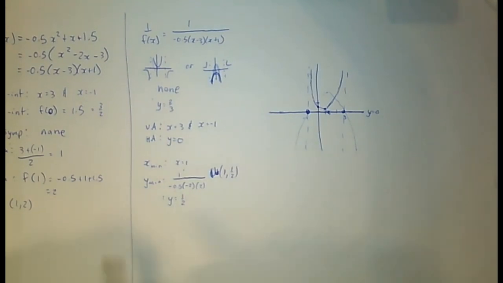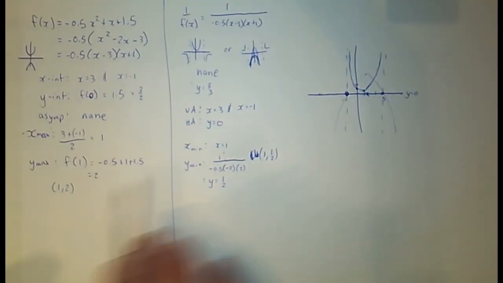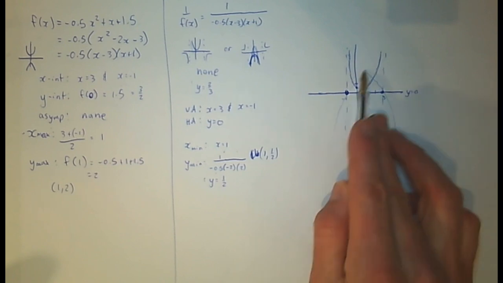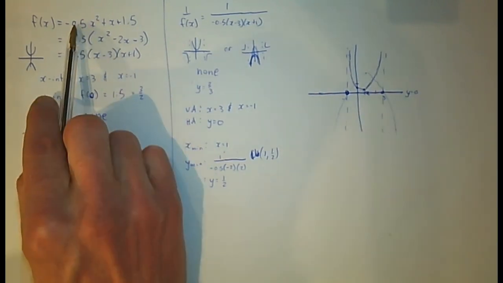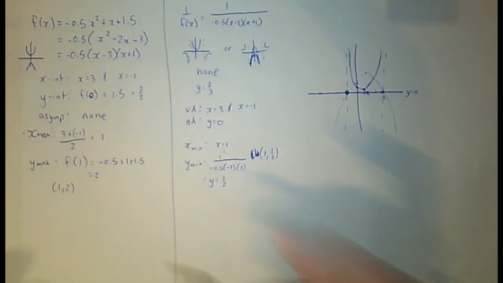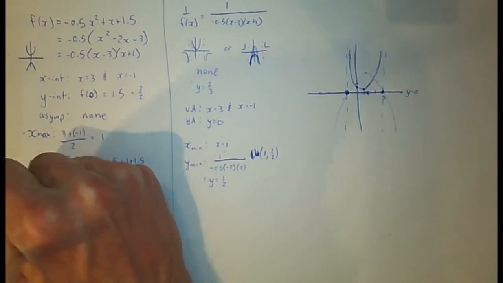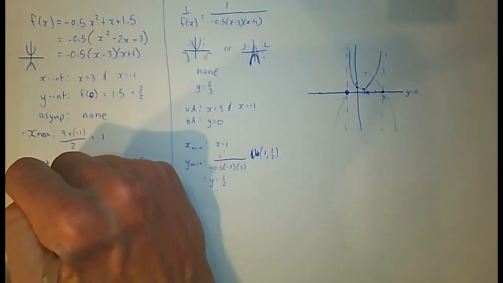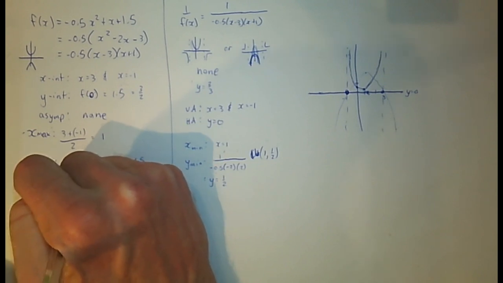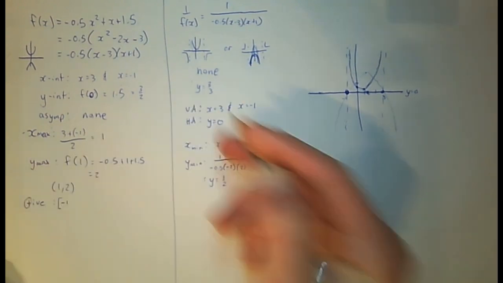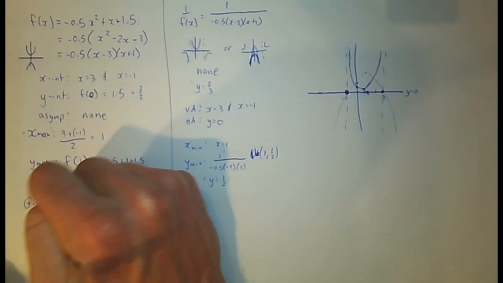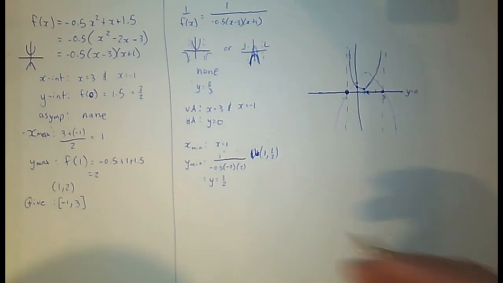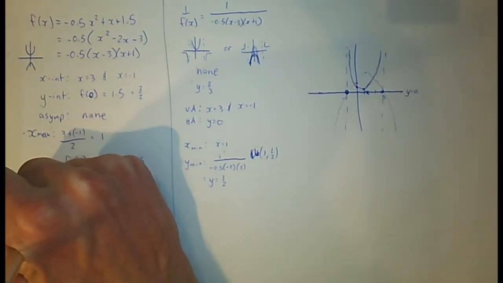For this guy, we can tell just by looking at the graph, right? There it is. And from the features we know about these functions, the positive intervals will be between the asymptotes, so from negative 1 to positive 3, positive intervals.